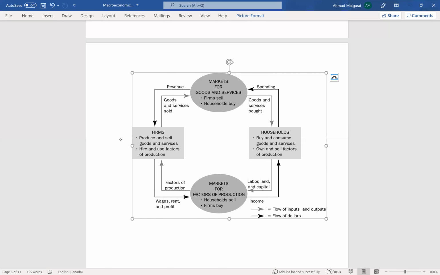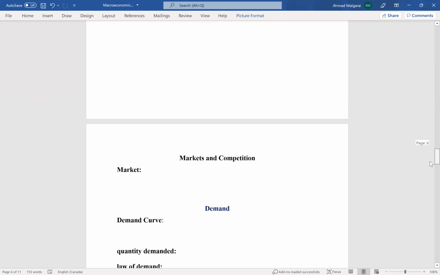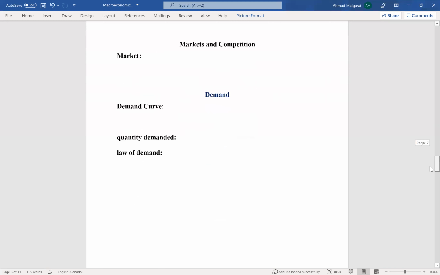So again, households buy their goods from firms, and firms use their revenue from sales to pay wages to workers, rent to landowners, and profit to the firm owners. It's a very nice diagram, and I hope that you understand it.